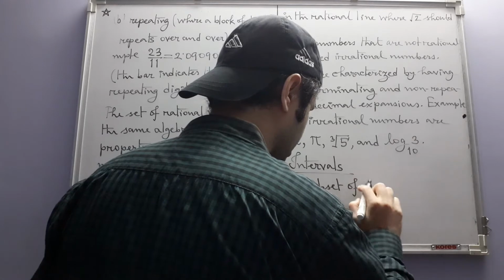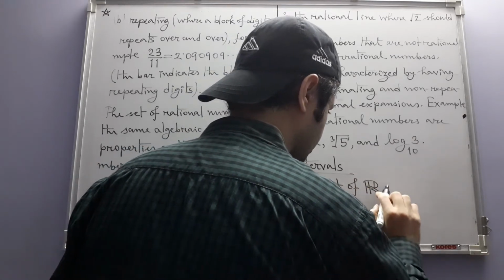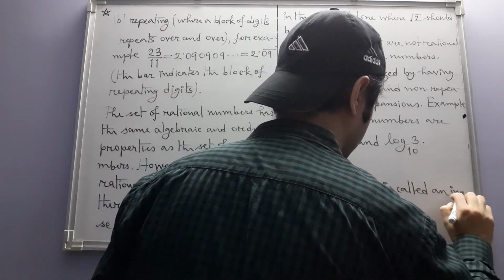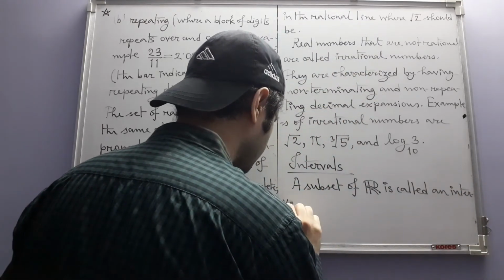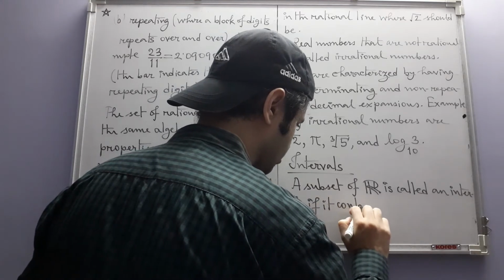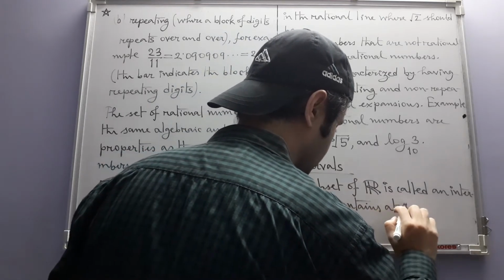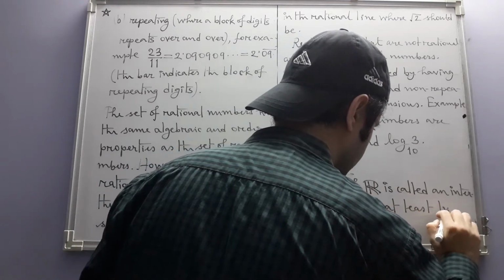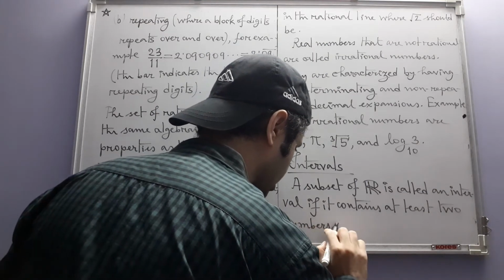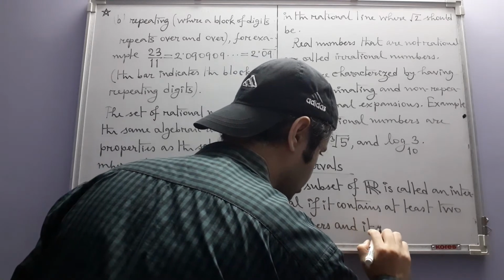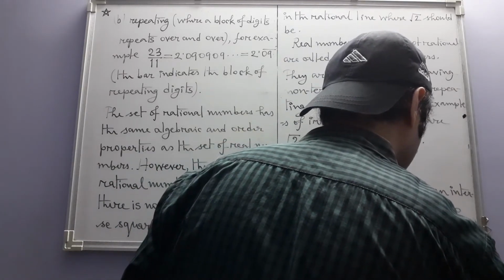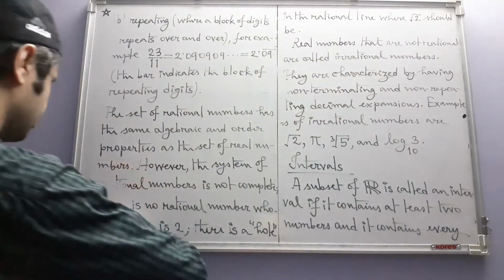A subset of R is called an interval if it contains at least two numbers and it contains every real number.